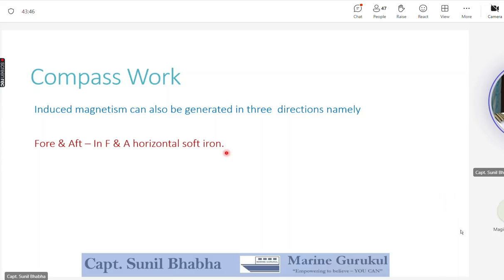This is one orientation in which induced magnetism can be generated. Induced magnetism can also be generated in the athwartship direction, in athwartship soft iron, which could be the transverse or the athwartship beams. And it can be generated in the vertical direction, which happens in vertical soft iron. Examples of vertical soft iron are masts, cranes, funnels, or vertical stiffeners.